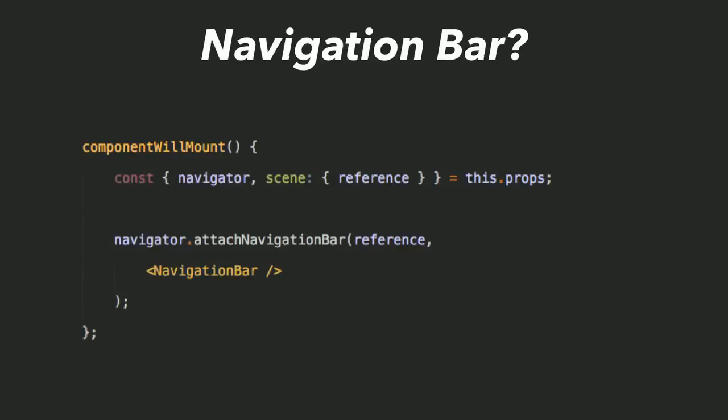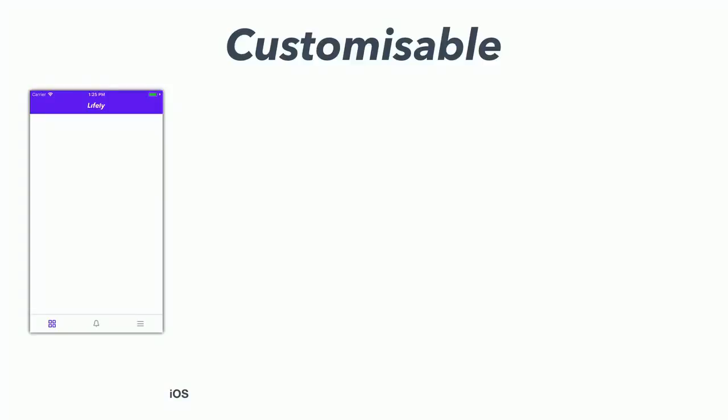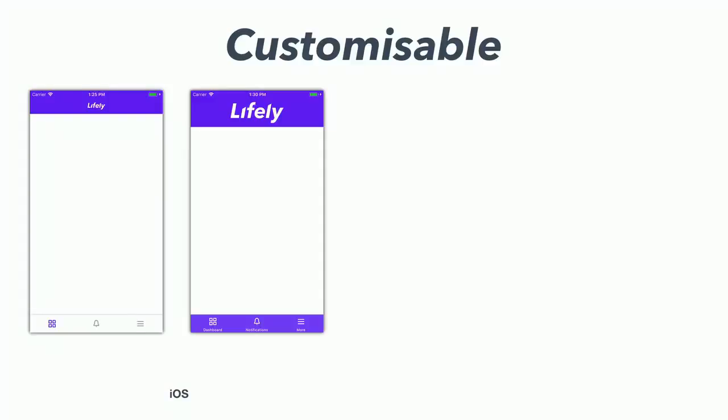And then there's the navigation bar. Within your component, you just attach a navigation bar to the navigator, and then you could use a search bar, for example, from within your scene. And it's customizable, for example, for iOS.